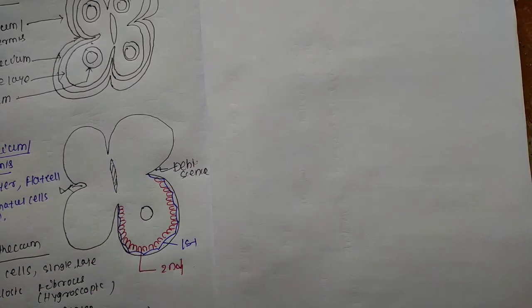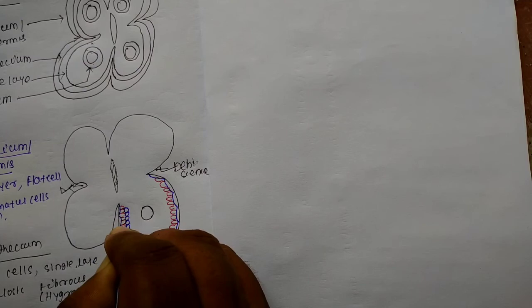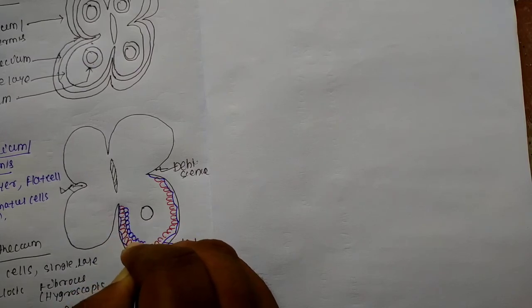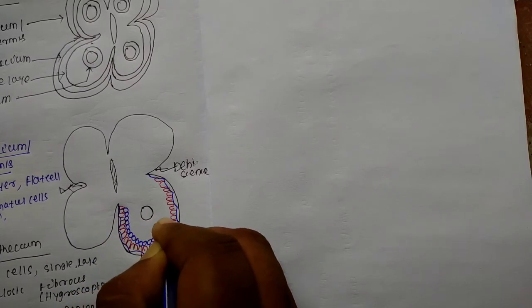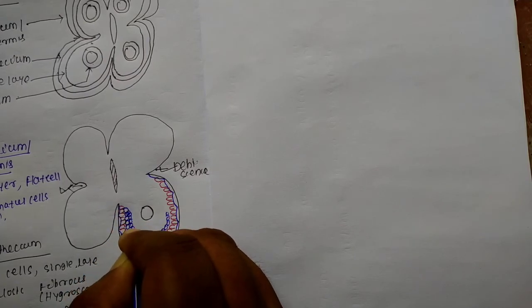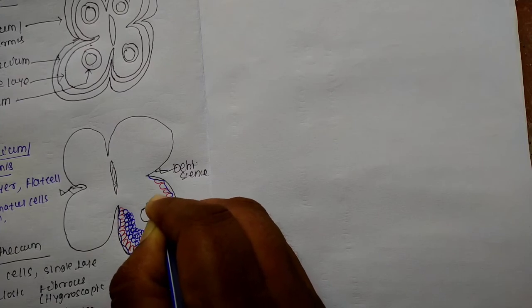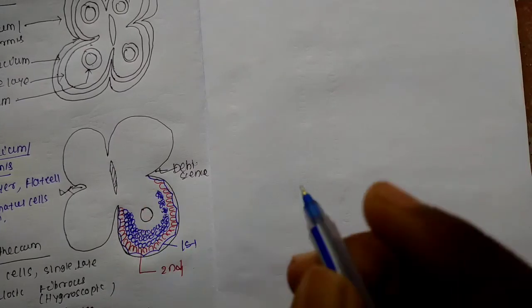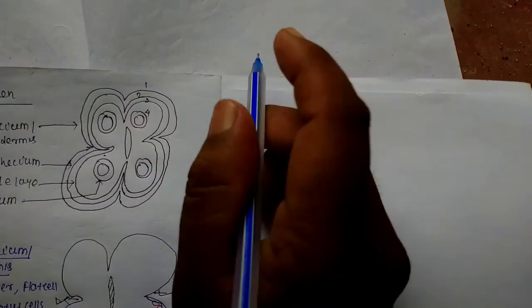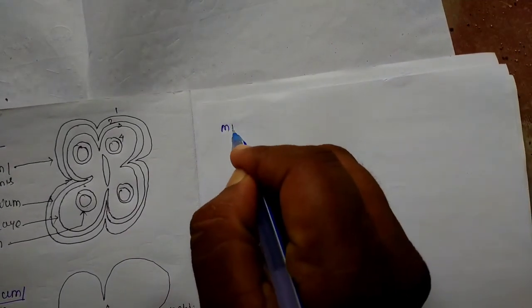The third one is the middle layer. You can find two to three layers of cells present here: one layer, a second layer, and a third layer. These are called the middle layer.